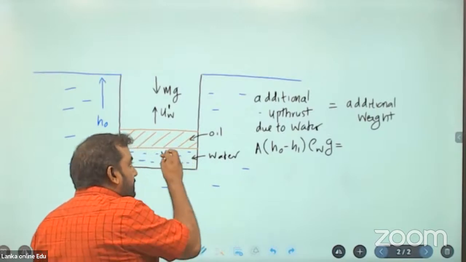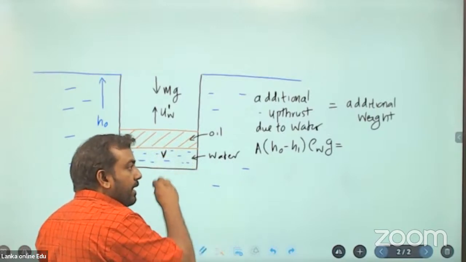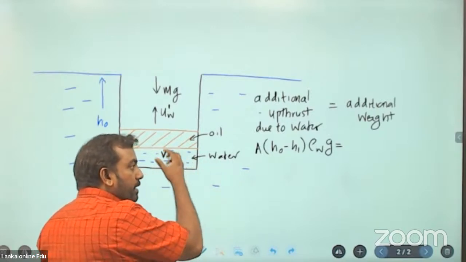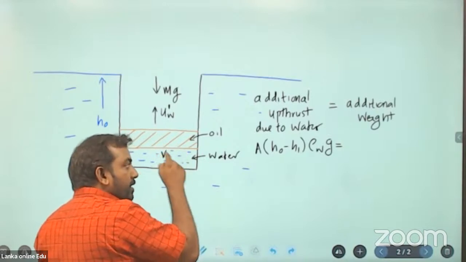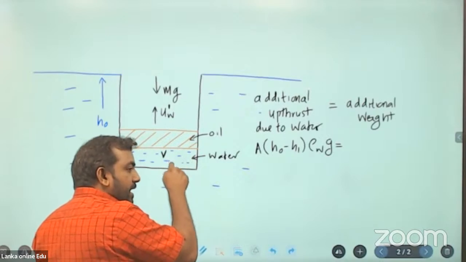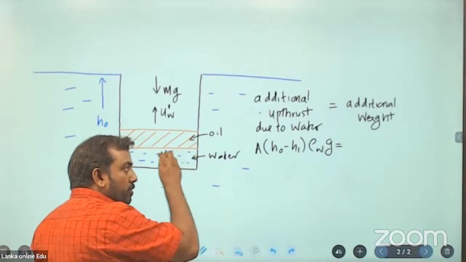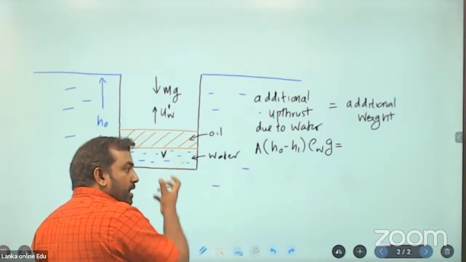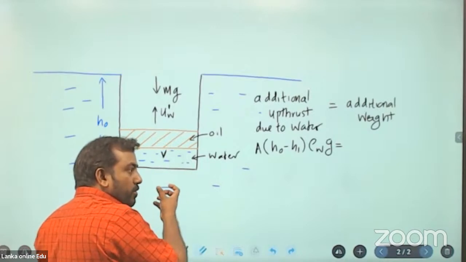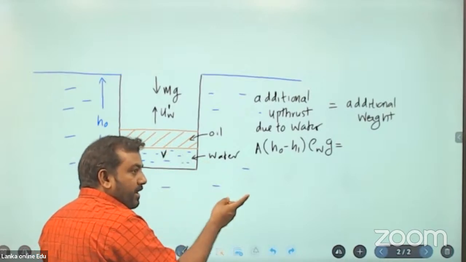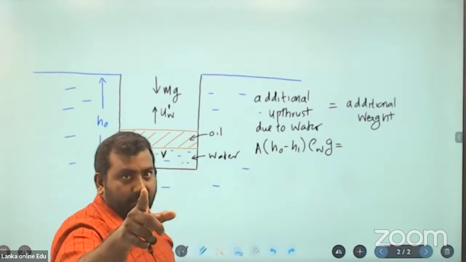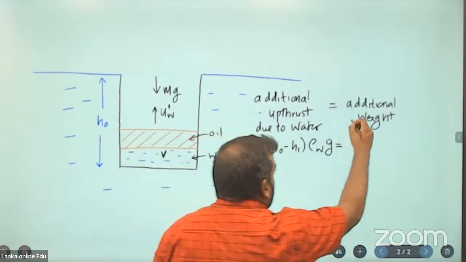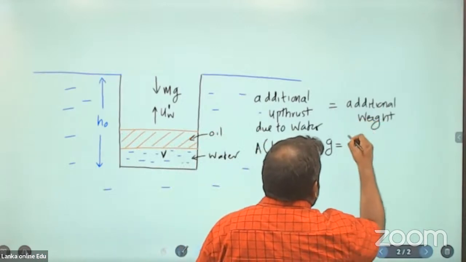I removed X and put Y, it became heavier. And what is the additional weight? Y minus X. It sunk more because Y is heavier than X. So Y minus X is the additional weight. Clear?